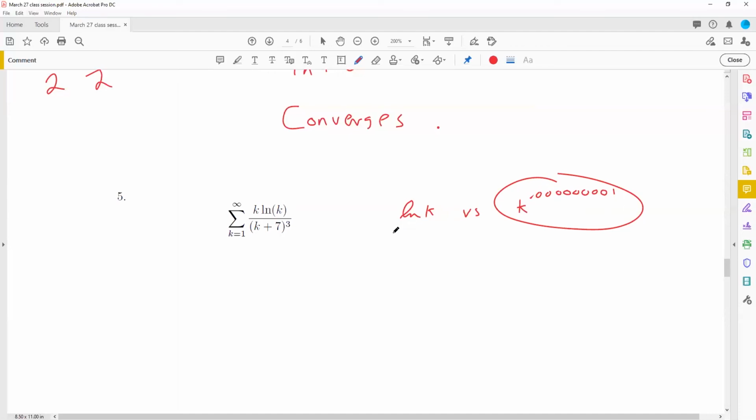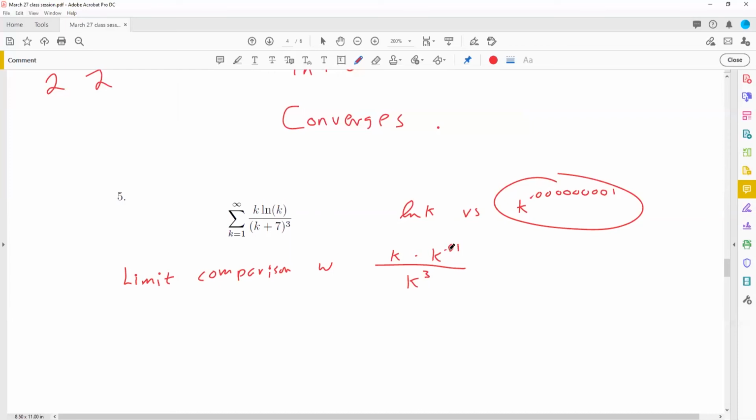Okay. So what you can do, here's one thing you can do. Limit comparison. And you made a good point in that this plus 7 really doesn't matter in the end. It doesn't really affect convergence or divergence. So you've got this K cubed here, and you have this log K. You could just replace that with like 0.01, for example.